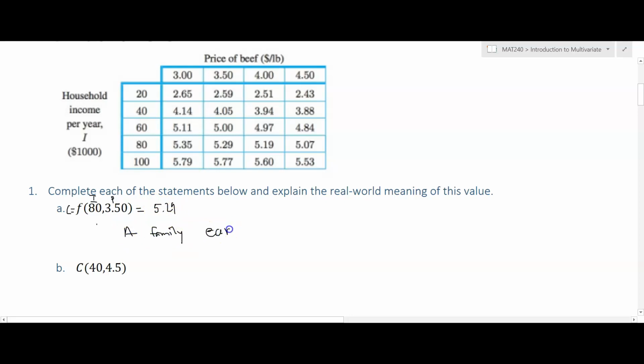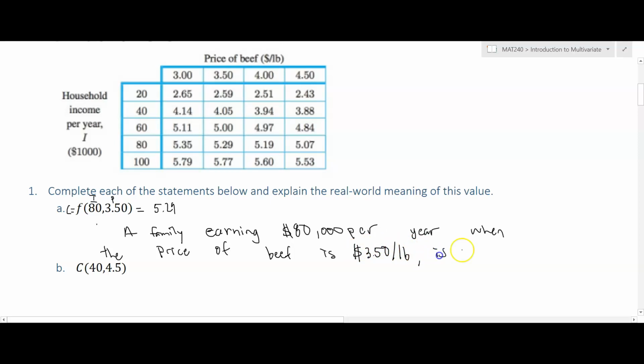And so we could say a family earning $80K per year, when the price of beef is $3.50 per pound, is expected to consume 5.29 pounds per week.